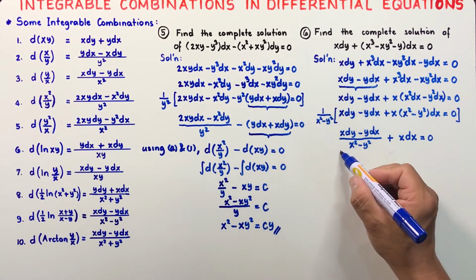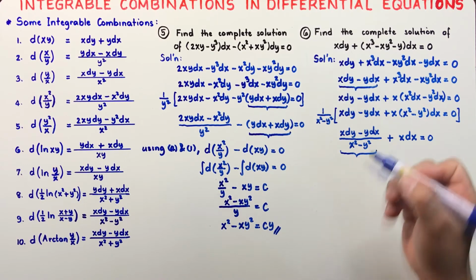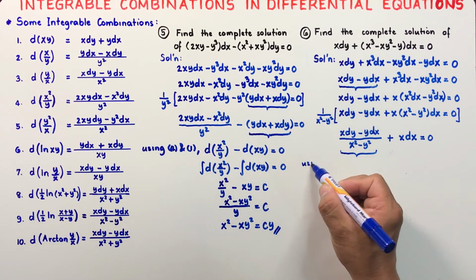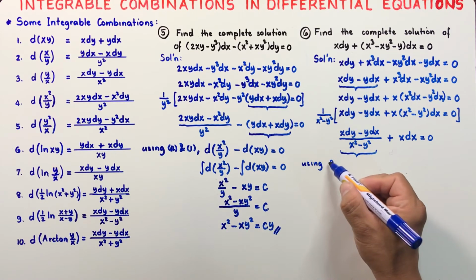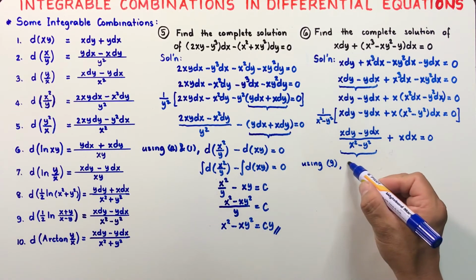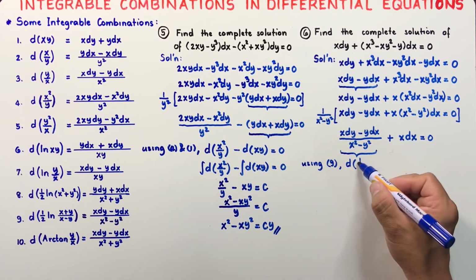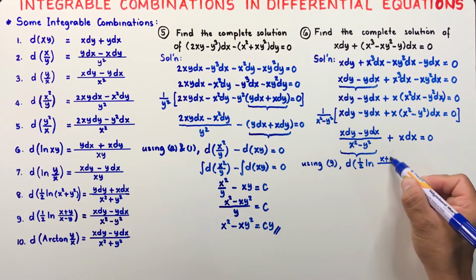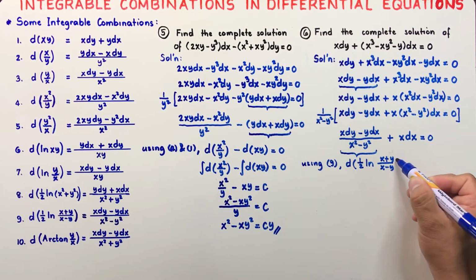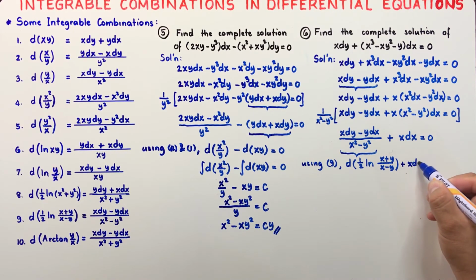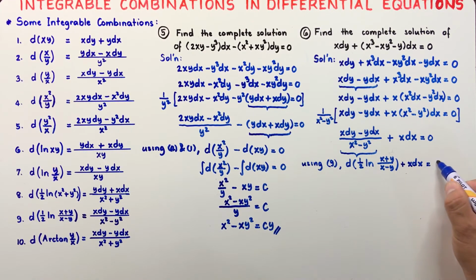And we notice that this is an integrable combination, the same as integrable combination number 9 here. So using the integrable combination number 9, we will replace this one with its equivalent differential, which is the differential of 1/2 times the natural log of x plus y over x minus y. And this is added to x dx, and the whole sum is equal to 0.